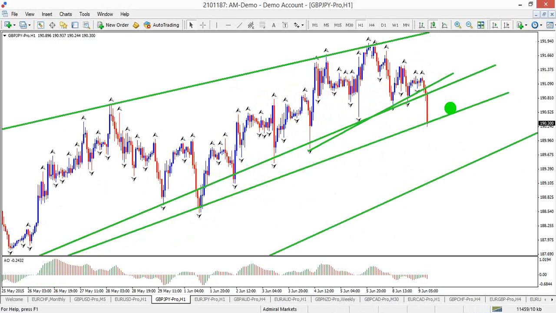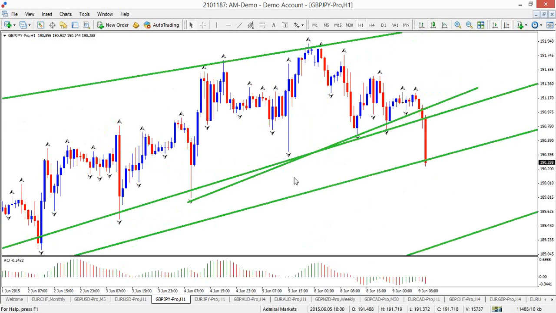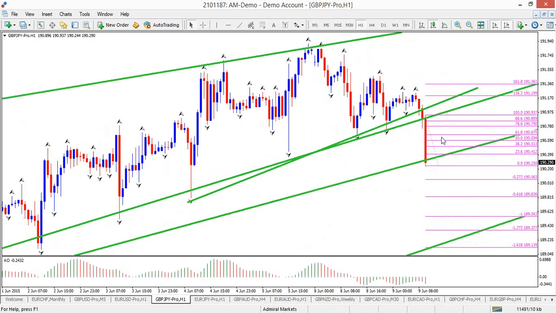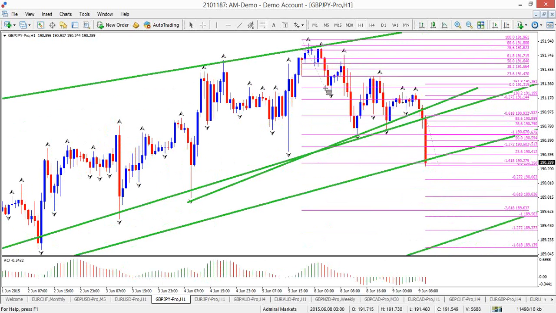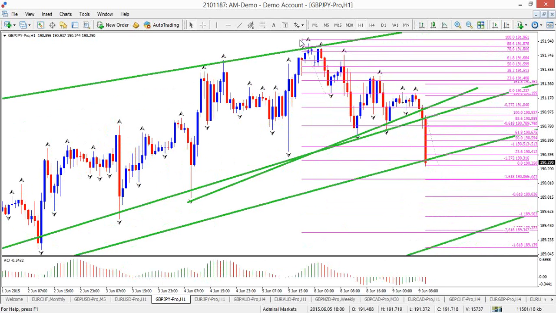Therefore, I think that this break could still be interesting. What I would like to see is a retracement of that 1-hour candle. That could be a good short. Let me put fibs on this particular swing high, swing low.